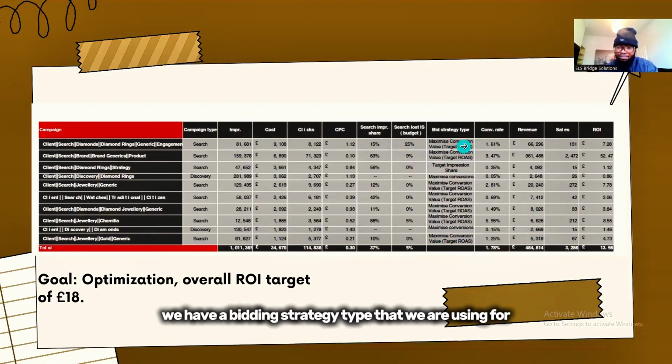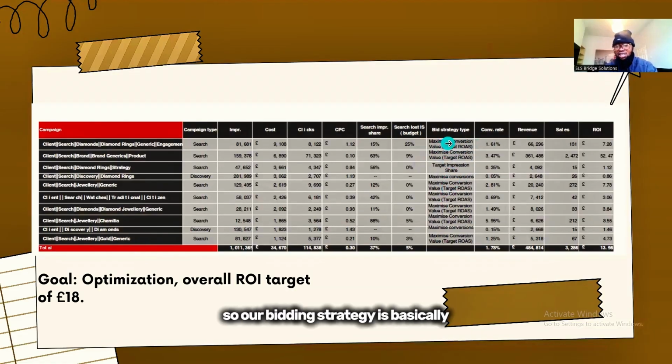We also have the bidding strategy type that we are using, as each campaign has its own bidding strategy. It could be automatic, it could be manual, and there are several types under each category. We also have the conversion rate, which is how much conversion we are making from each campaign, and the column for revenue to show how much revenue we are generating from each campaign.